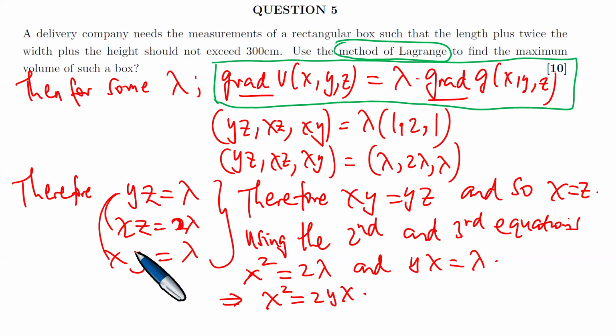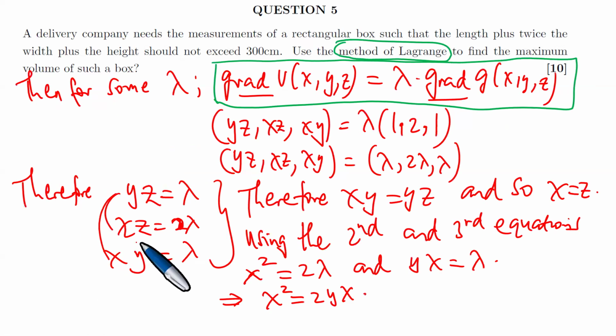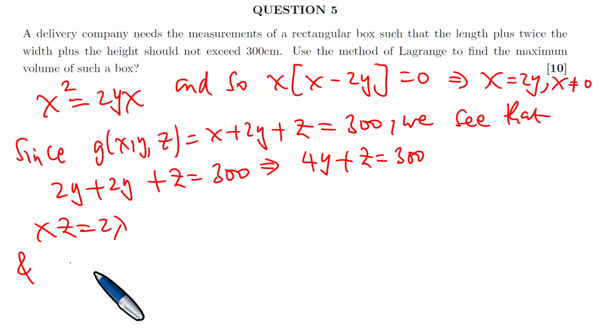Okay, we continue. Yeah, we're good. I'm then saying if you look at these two, you can take xz equals 2 lambda, xy equals lambda.